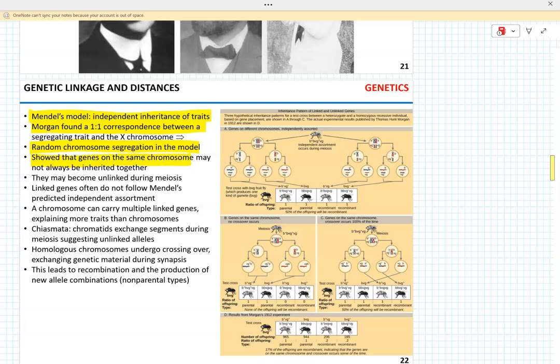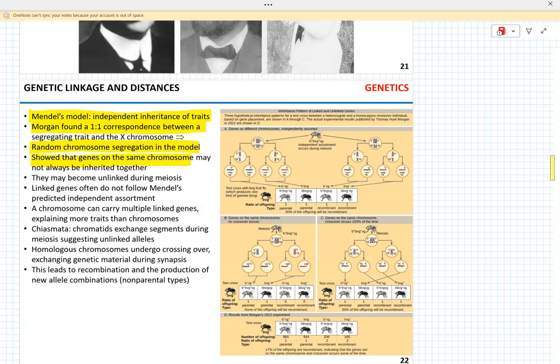And I want to stop right here and reinforce what I just said. When you have two genes on the same chromosome, they may or may not be inherited together. There is a certain probability that they will be inherited together, and there is a certain probability that they will be inherited separately.